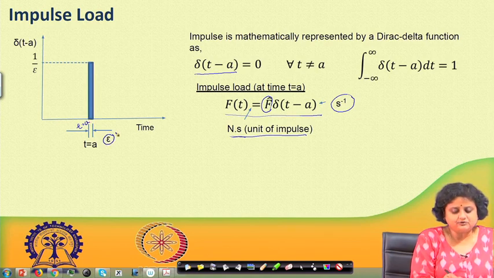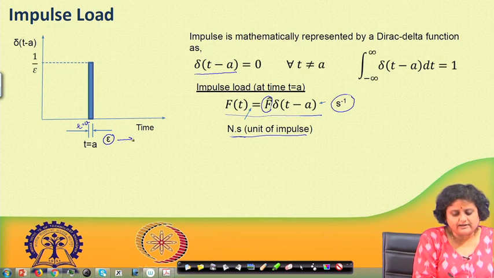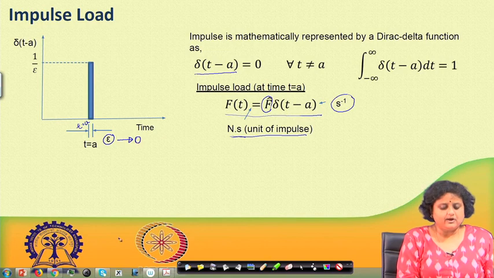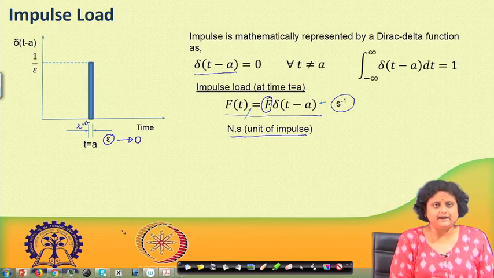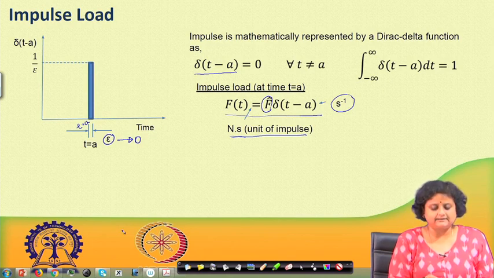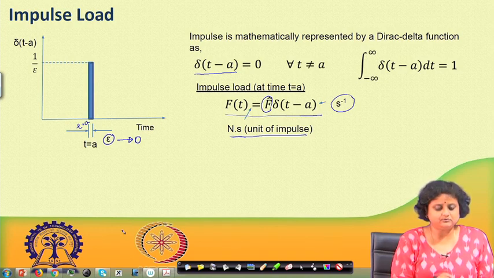Epsilon is very small and almost tends to 0. So, the duration or time window for which the impulse load acts is tending towards 0, or the duration is extremely small.